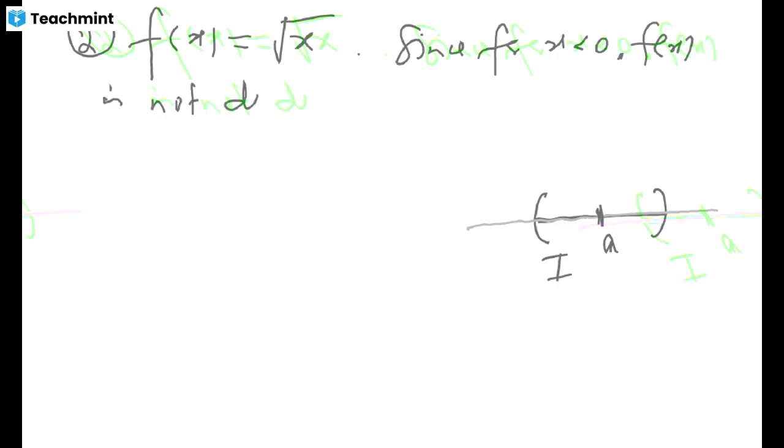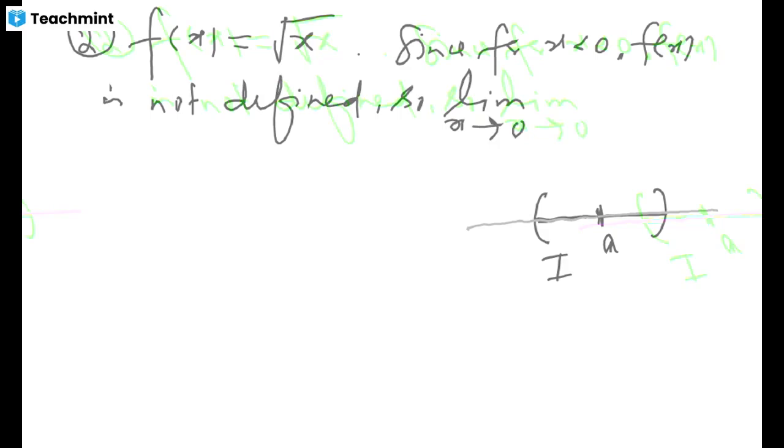So we cannot talk about the limit of the function at 0, so it doesn't exist at 0, because the function to the left of 0 is not defined. This is an example of a function where the limit doesn't exist at that particular point. You can check that at other points the limit of this function exists, but my motive here was to give you an example where the limit doesn't exist.